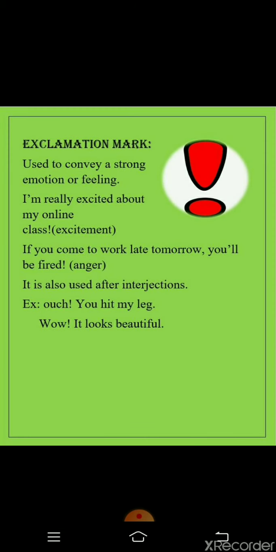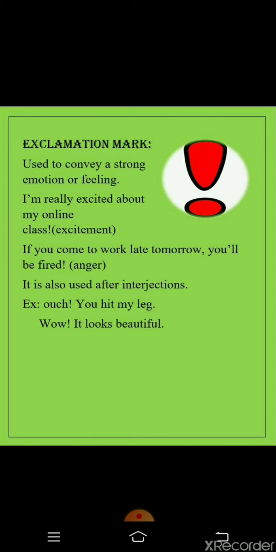The third one is the exclamation mark. What is it? Exclamation marks are used to convey a very strong emotion or feeling. If I want to convey my feelings or emotions to you, I use this exclamation mark. For example, "I am really excited about my online class!" This is telling you about the excitement.